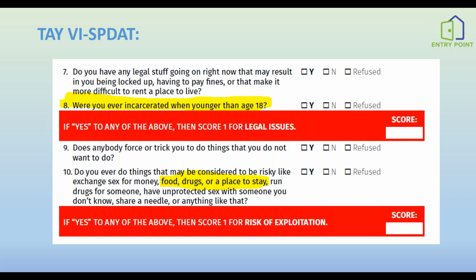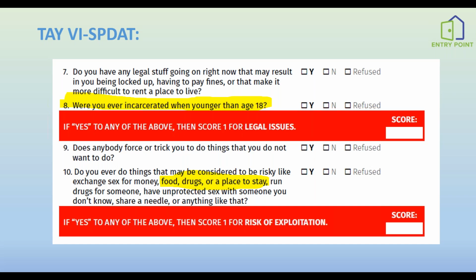They're not incarcerated now. But like I said, these VI SPDATs are developed after lots and lots of research and complicated theory and development engineered to help us get at what are statistical risk factors, statistical predictors of poor outcomes for youth.